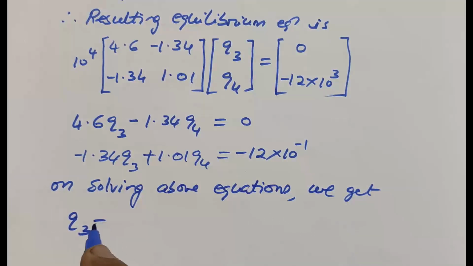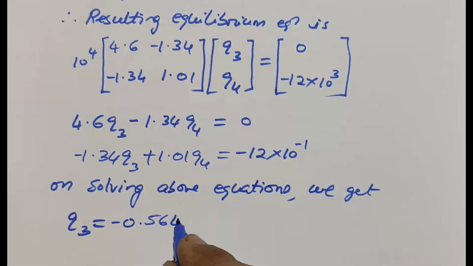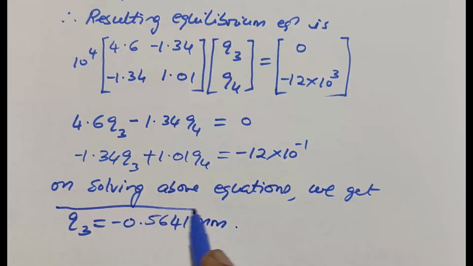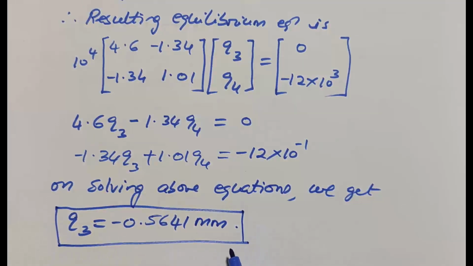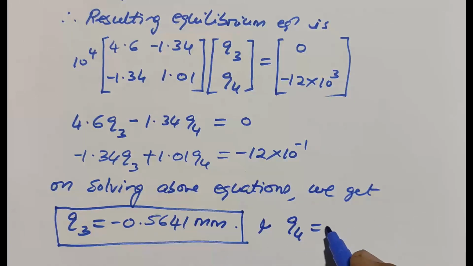Q3 is equal to minus 0.5641 mm. This is displacement at node number 3 in x direction, and Q4 will be equal to minus 1.9366 mm.